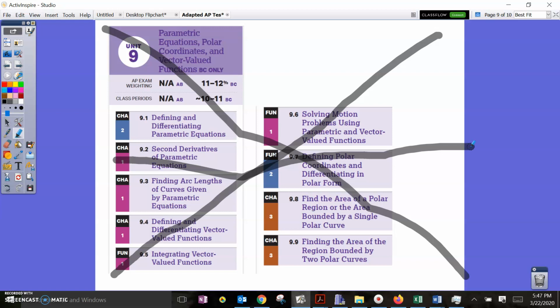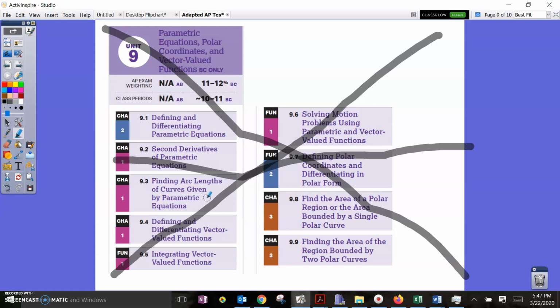Anything related to parametric, polar, and vector valued functions will not be asked about on the AP exam. Of course, we're still learning it because it's an important part of a second-year calculus course, and as usual, I'm running ahead of schedule, and so you guys have done most of this already, and we're just going to finish it off, even though it's not going to be on your AP calculus exam.